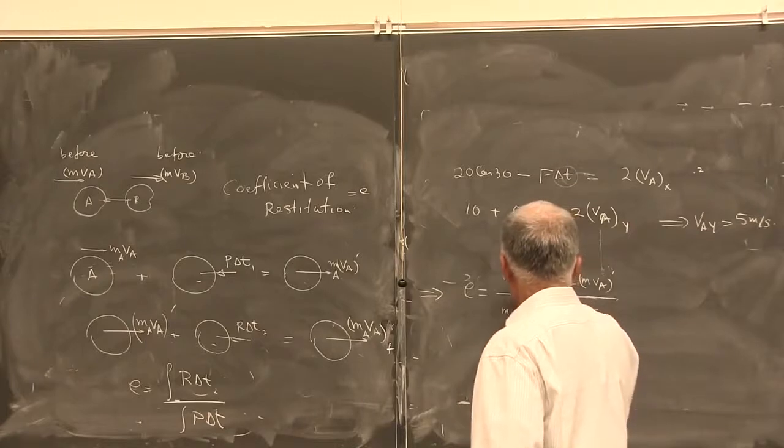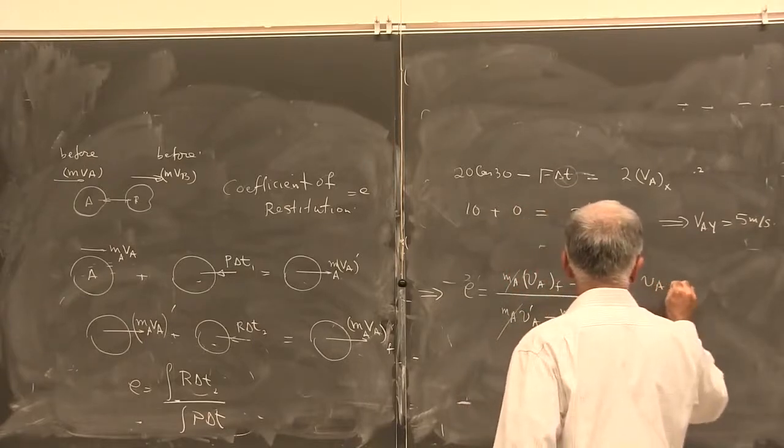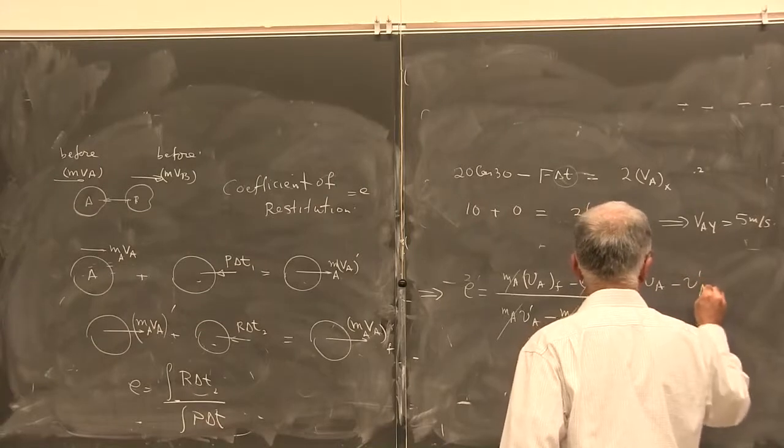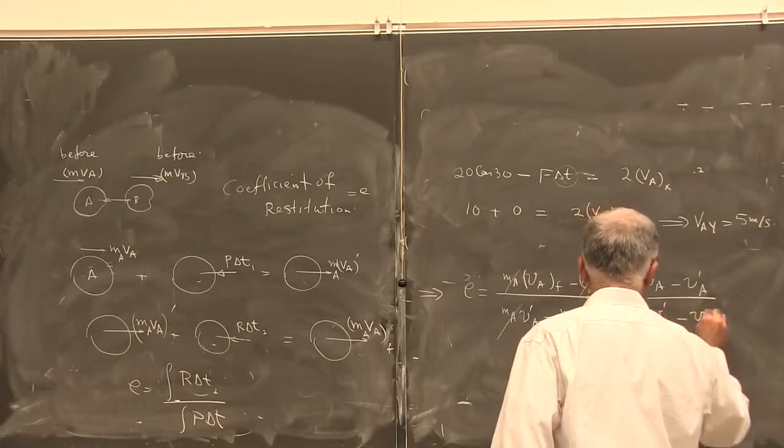And of course, MA cancel each other, so you can say VA final minus V prime A divided by V prime A minus VA.